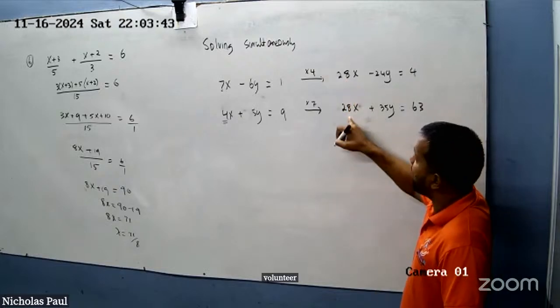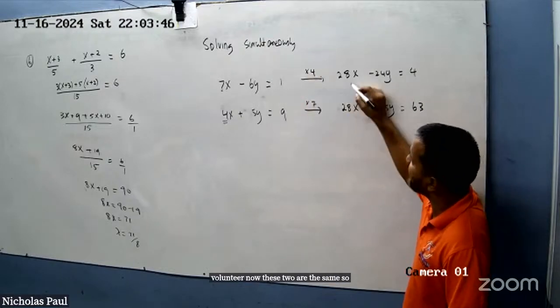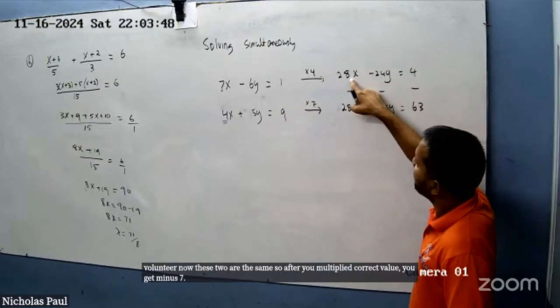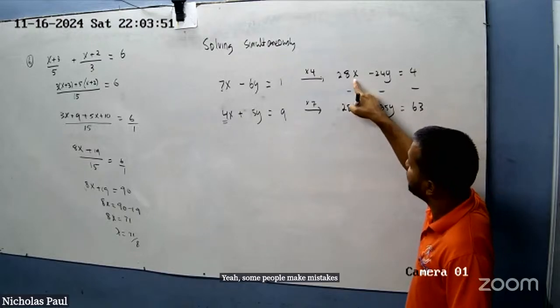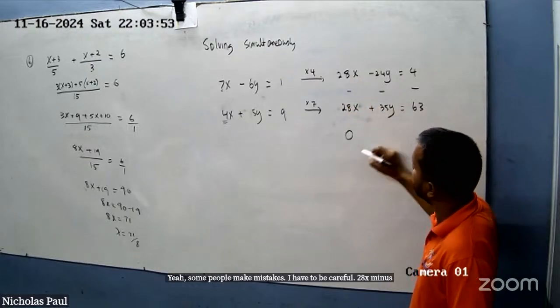Now these two x terms are the same, so after you multiply by the correct value, you just subtract. Here's where people make mistakes, so be careful. 28x minus 28x is 0.